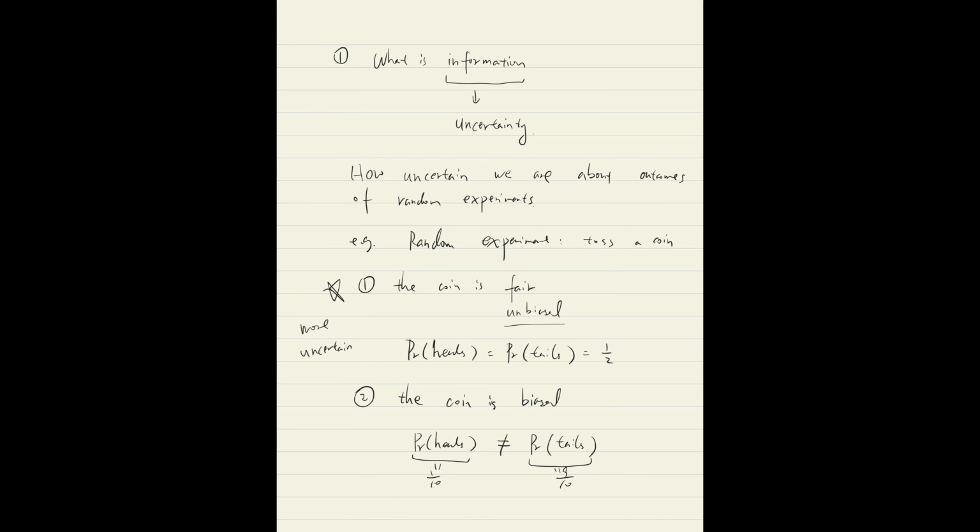Probabilities are non-negative, and if you have a bunch of events, finite or countably infinite, and they're disjoint, then the probability of the union equals the sum of the probability of each one. Very good. So if not, just see the definition of probability, right? They're like three axioms, okay?